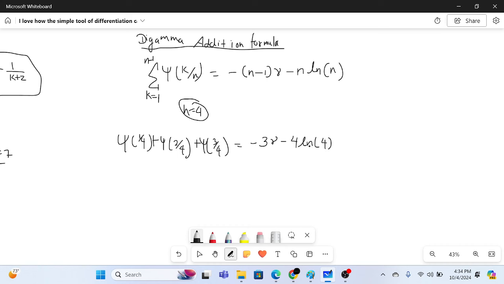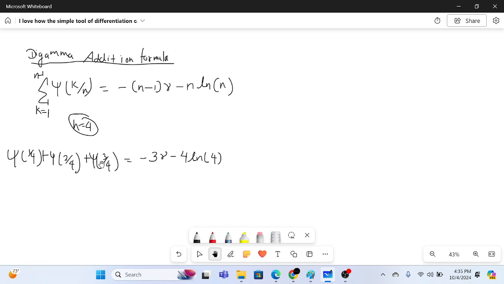Yeah. Again, now we don't know these two terms, but we know that digamma of 3 by 4 is related to digamma of 1 by 4. So that's how we can find it. Let us see how digamma of 3 by 4 and 1 by 4 are related, and also we can find digamma of 1 by 2. So yeah, we will find them.